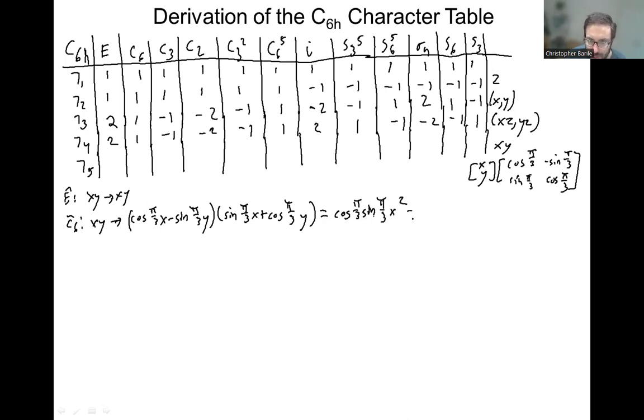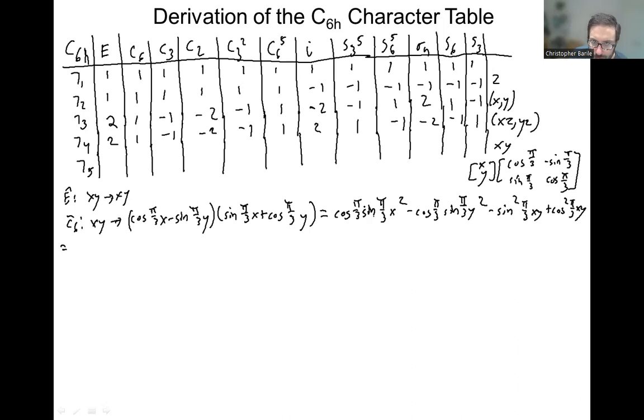Then we can do the minus terms, the y squared terms, minus cosine pi over 3 times sine pi over 3 y squared. And then we have a minus sine squared pi over 3 xy plus cosine squared pi over 3 xy.